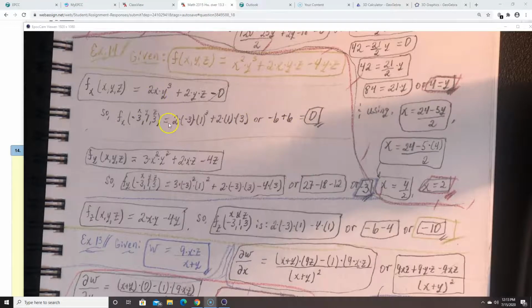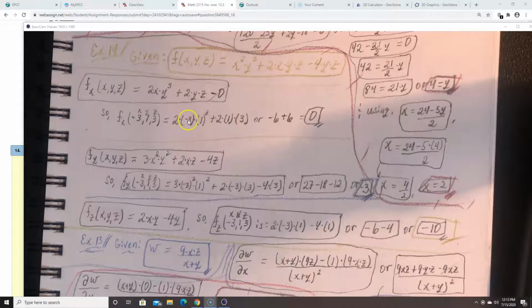So we're going to have 2 times x, but x is negative 3, times y is 1 cubed, plus 2 times y, but y is 1, times z, but z is 3.